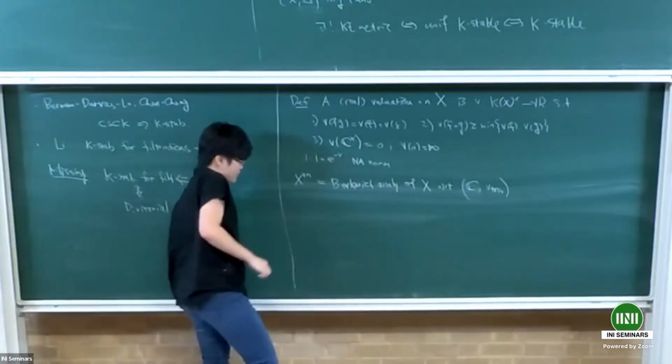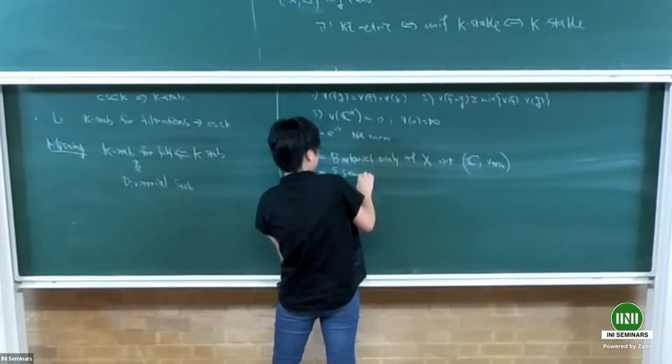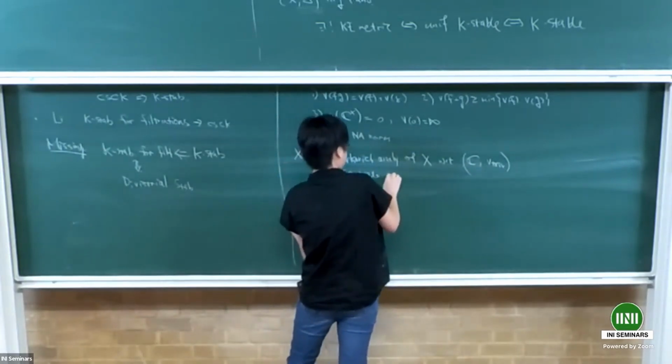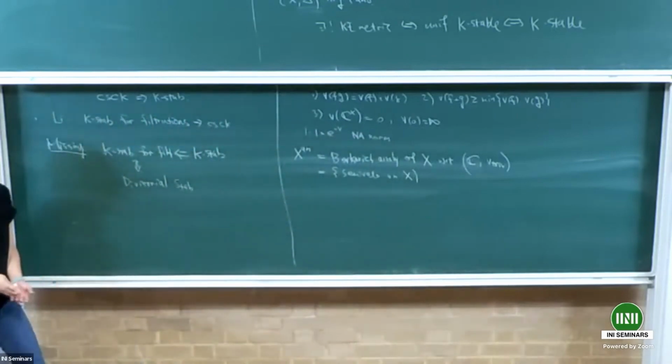And as I said, it's nothing but the set of semi-valuations on X, meaning that they are valuations on subvarieties of X.